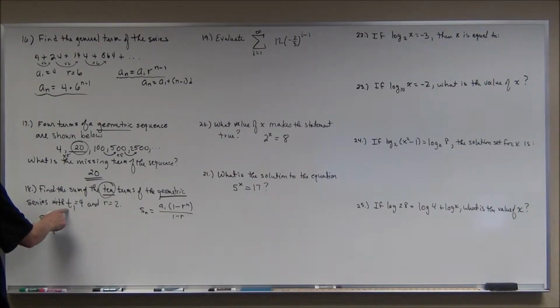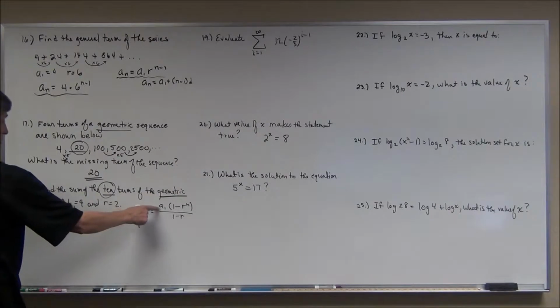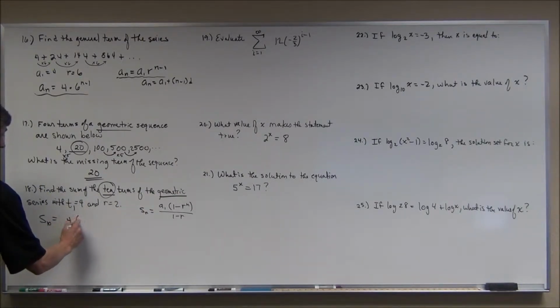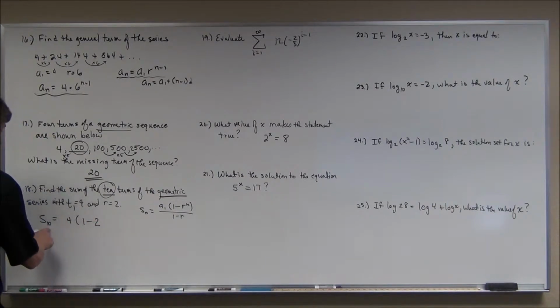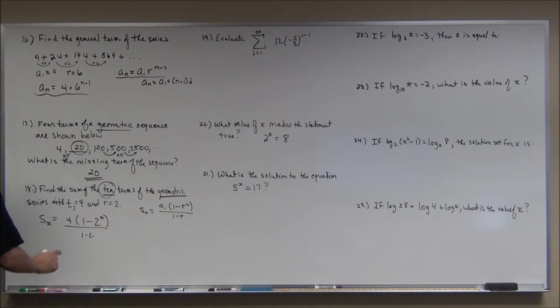Well, they didn't use a, they use t, but this is your first term, it's 4, so that goes in here. 1 minus, now they give you the ratio is 2, so that's 2 to the 10th power. And you've got to have your calculator handy, don't forget your calculator. All over 1 minus 2.